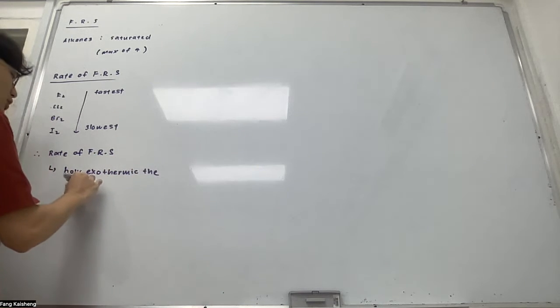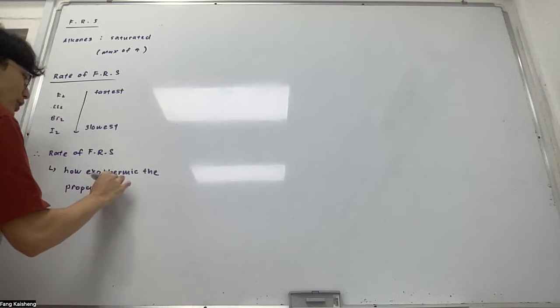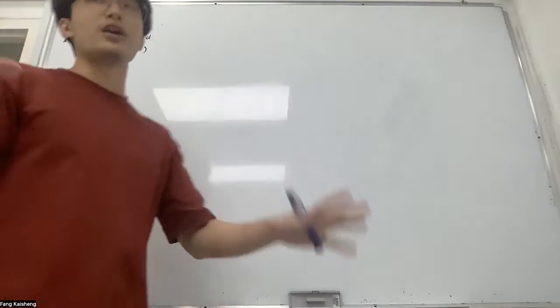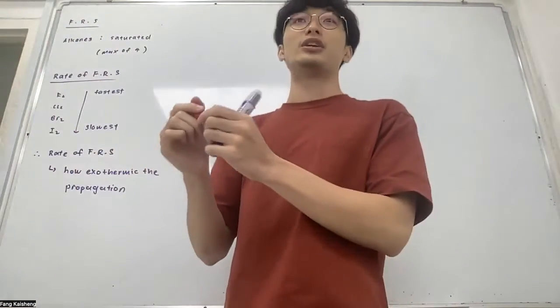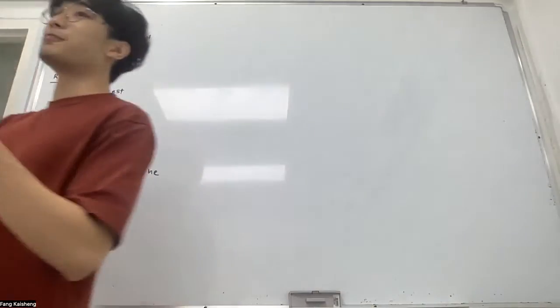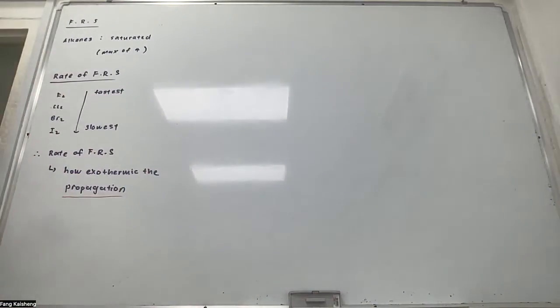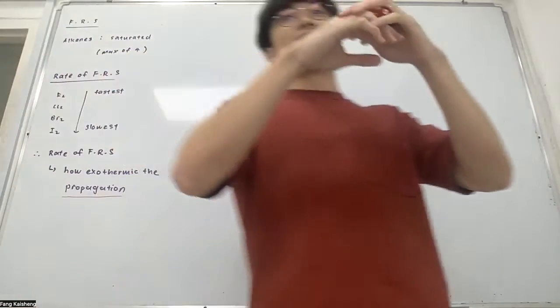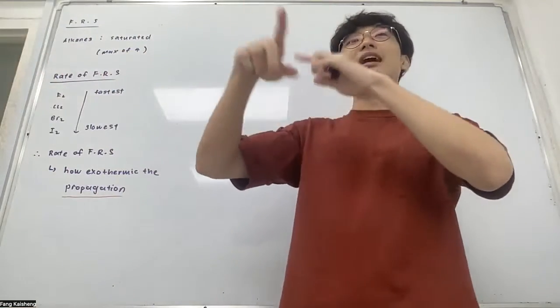So remember, FRS has 3 stages: initiation, propagation, and finally, what's the final stage? Termination, yes. Most of the reaction actually happens in propagation. Why do we focus on propagation? Why don't we look at the others? It's because the propagation step keeps regenerating the radical.